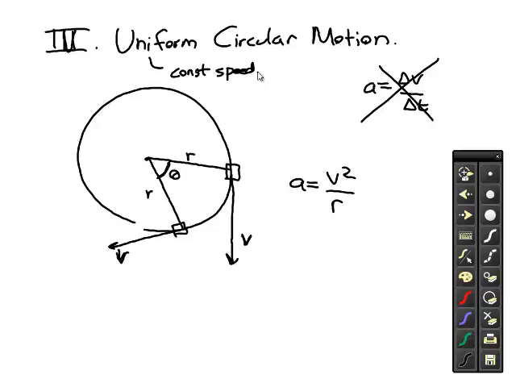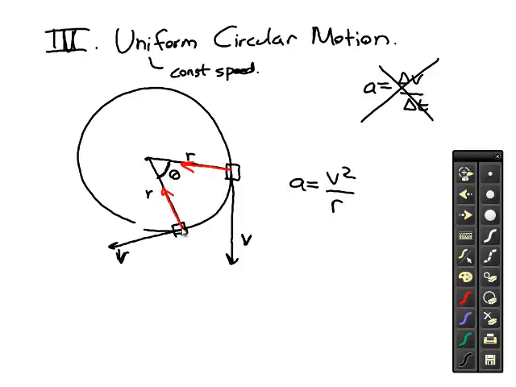This acceleration is constantly changing as well, right? Because when the object's here at my first position, what's the direction of the acceleration? Toward the center of the circle. Right there, what's the direction of the acceleration? Towards the center of the circle.